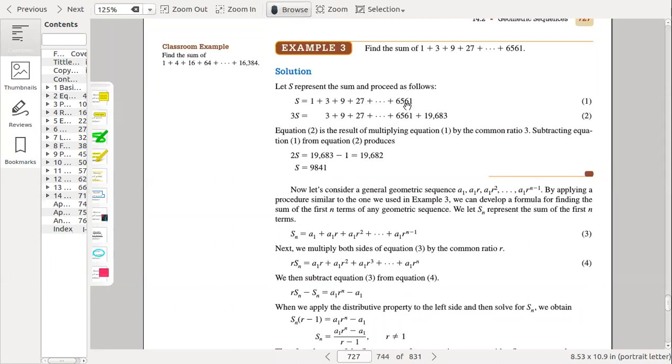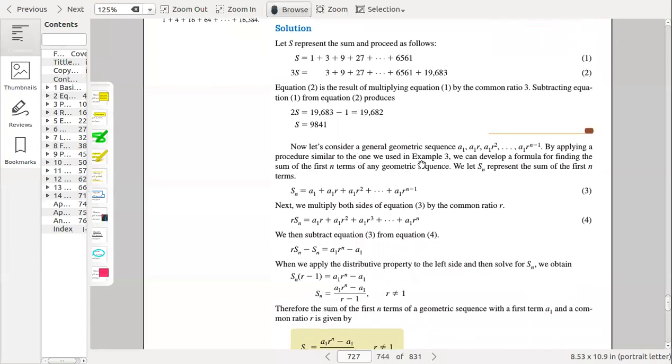So we will be left with only two terms, 19,683 minus this first term. And this is equal to 19,682. Then for s, this will be multiplied by 2, and we have the sum s is equal to 9,841.